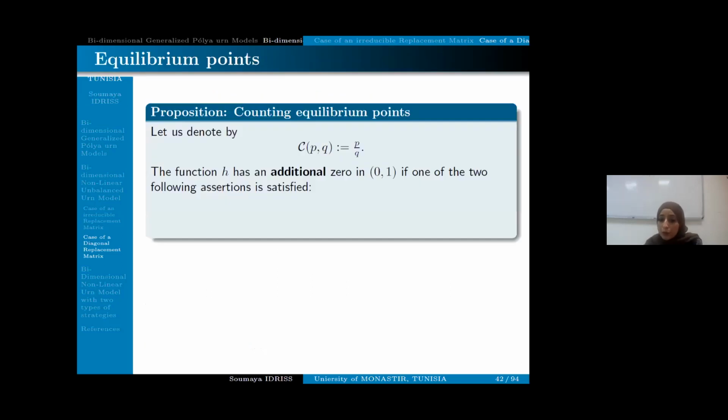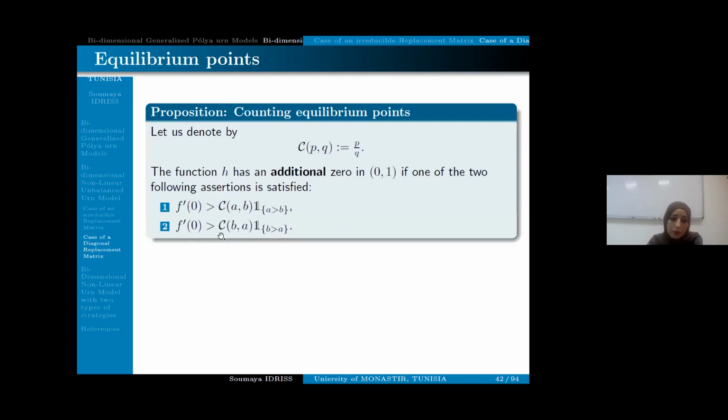This result confirms that the function H has an additional zero in the open set (0, 1) if one of the two following statements is satisfied. If f prime 0 is greater than this quantity in the case where A is greater than B, or in the case where B is greater than A, we still have f prime 0 is greater than this quantity.